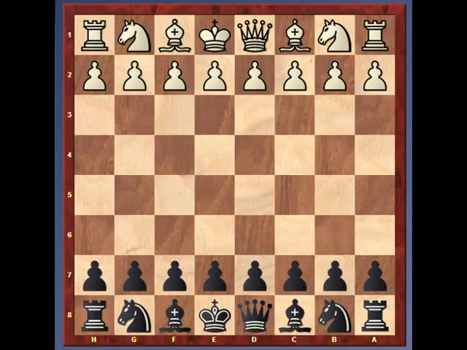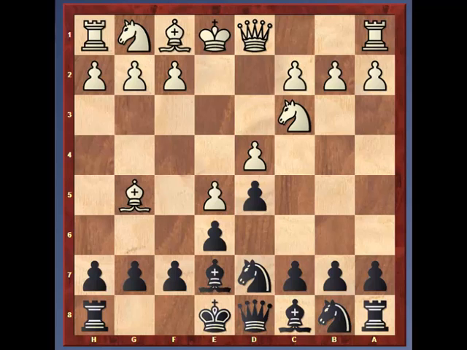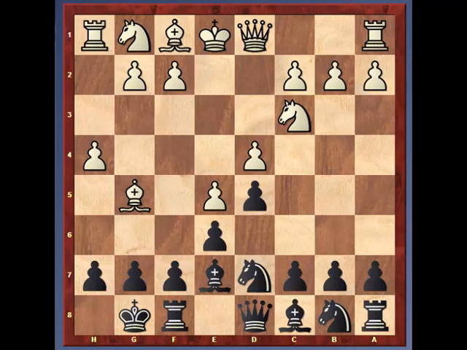This is the Albin-Alekhine Chetard or Chetard attack. The Morozzi variation. The Techman variation. Or the Spielmann, which is Castles.